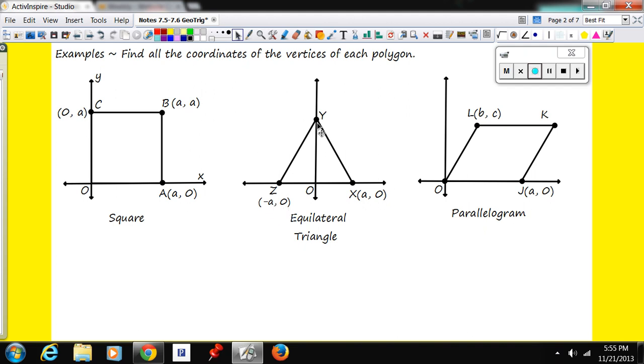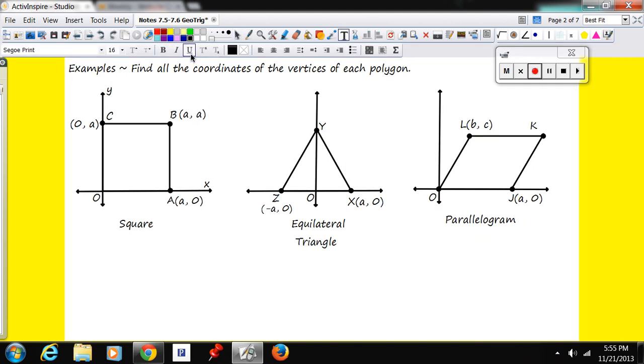Now, the altitude of an equilateral triangle, I don't know if you remember this, but this little right triangle has to be a 30 degree, 60 degree, 90 degree right triangle, because the equilateral triangle has all 60 degree angles, and you cut the 60 degree angle in half and made two 30 degree angles in here.